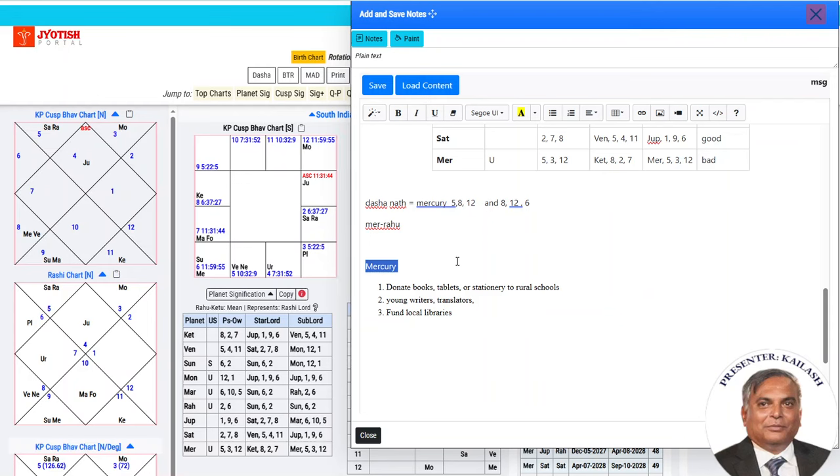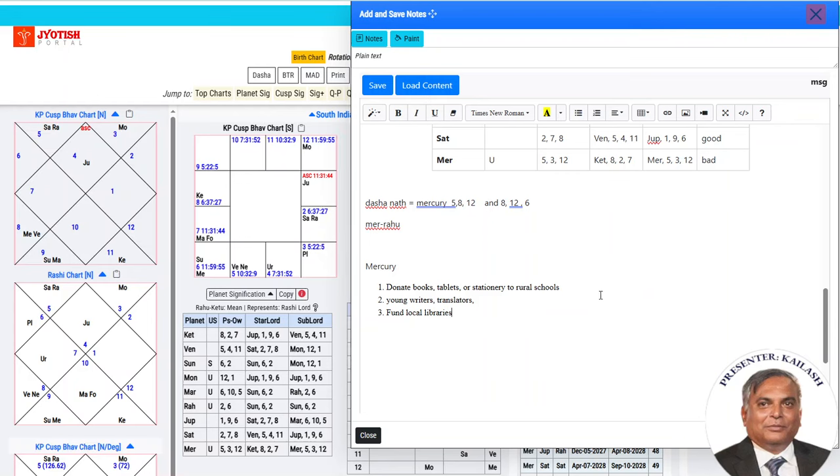So for Mercury, the Mercury represents books, tablets or stationery items, so that one can donate, or one can help the young writers or the translators. All these things are indicated by Mercury: writing, translation, and then one can even fund the local libraries.